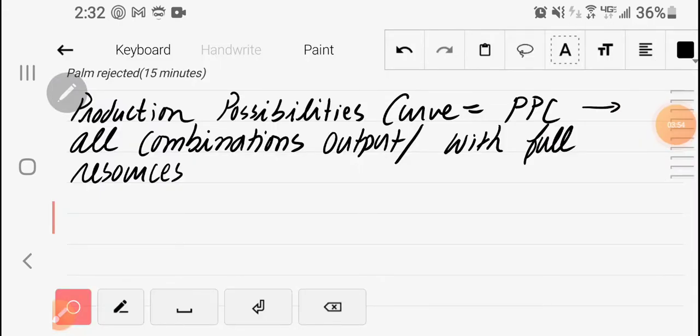Okay, now that is something I would accept on a handout, or when I have you start doing this on your own, in your own notes. Okay, and it should jar in your head the most important facts about the production possibilities curve, that it shows us all combinations of output of 2 products, okay, with full resources, meaning that you're using all the resources at your disposal in order to make those products.